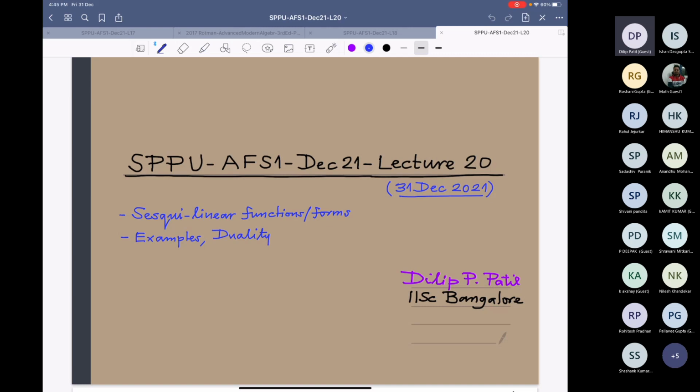That gives us a geometry. And this geometry we were studying, and what was missing in the geometry was the perpendicularity.